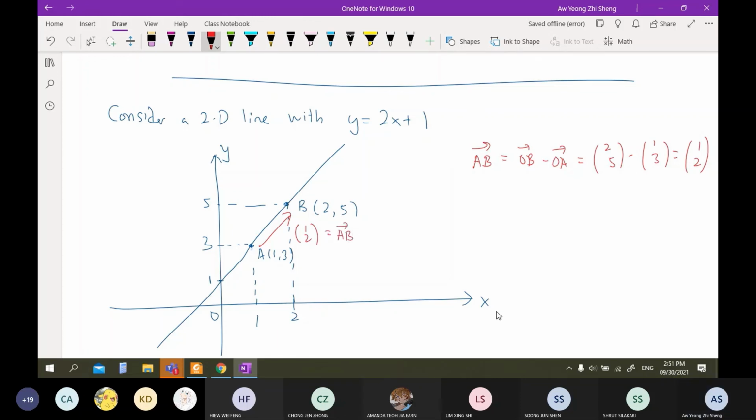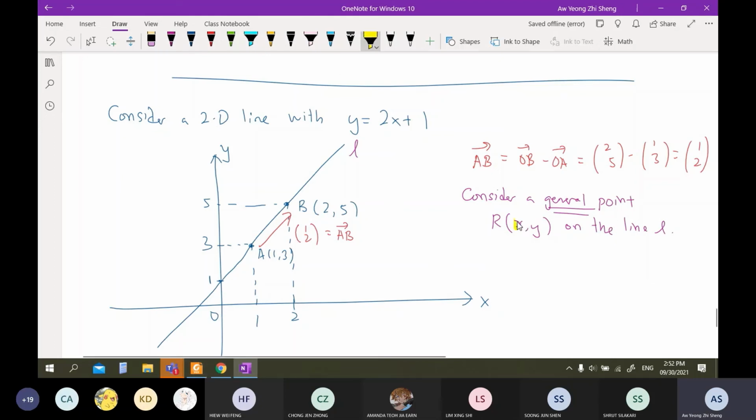Now, let's consider a general point on the line. If I call this line L, consider a general point R with coordinates (x, y) on the line L. The meaning of general point is that it can be anywhere along the line.